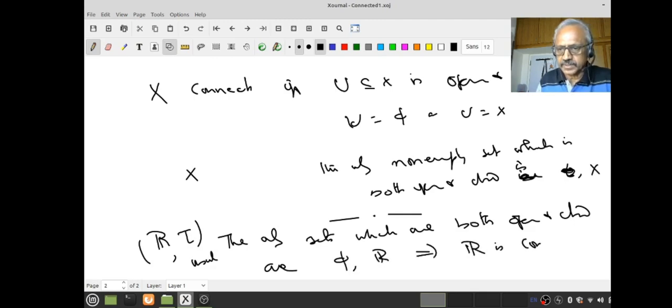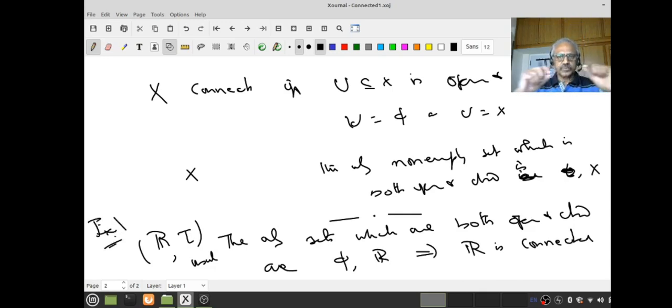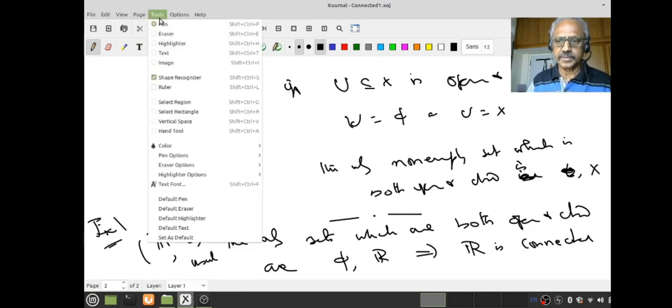This is the first example. We proved it. You see that? We already saw R seems to have one piece, therefore intuitively we wanted to say it's connected. We have a definition, we used the definition, and we have proved it.